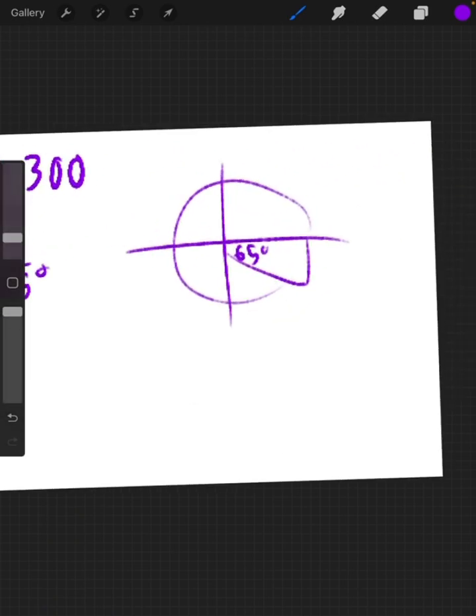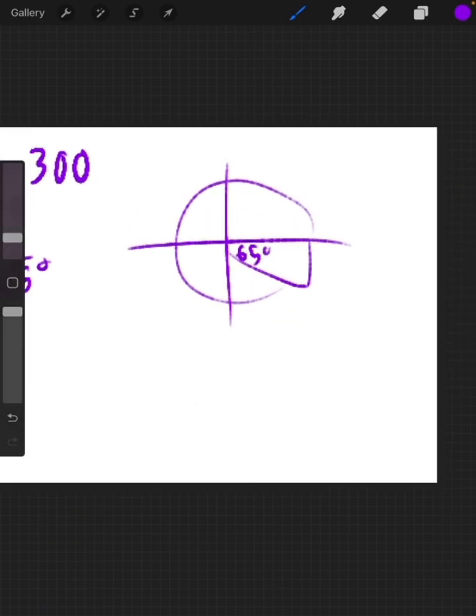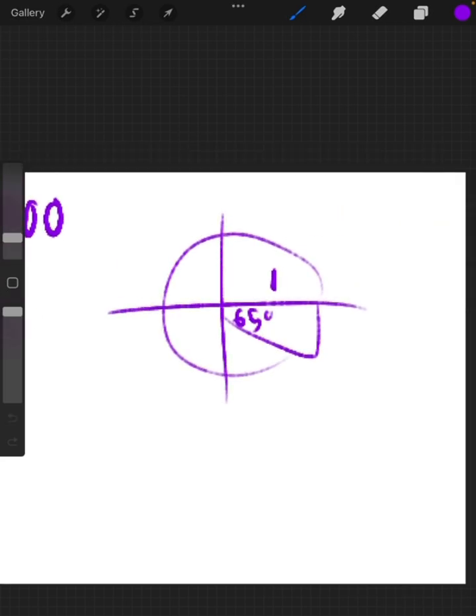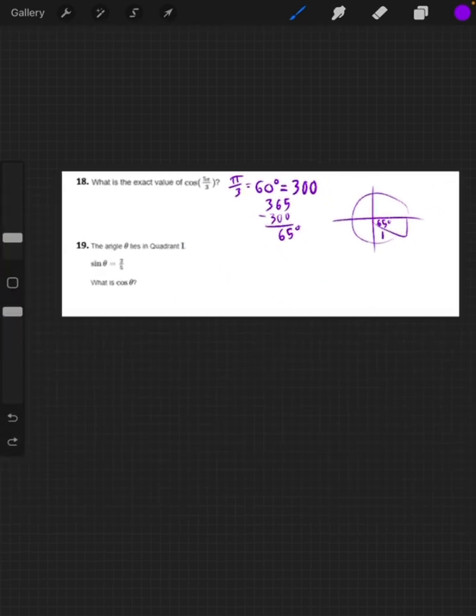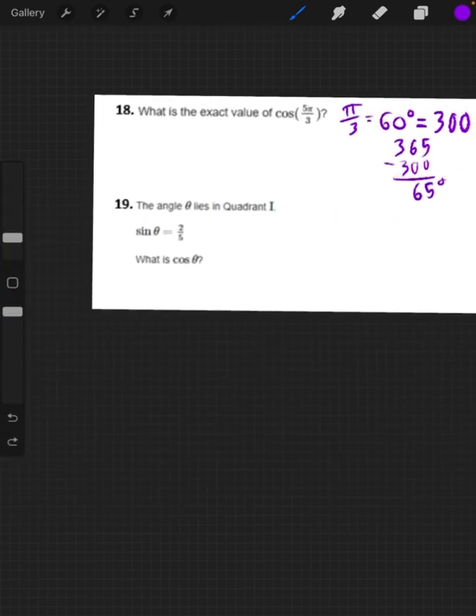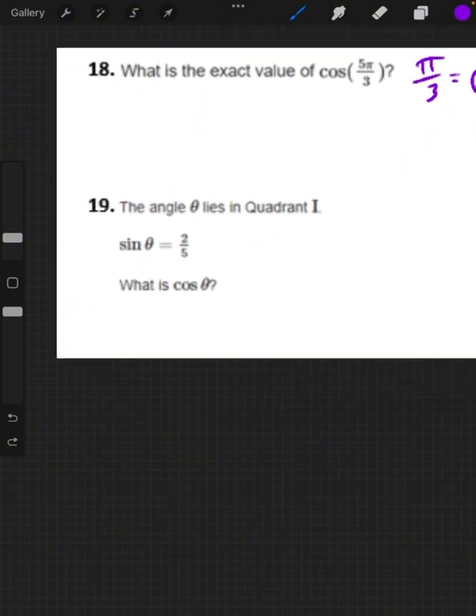If this is a unit circle, then that side would be 1, but no, not that side. This side would be 1. Man, I don't... So we're gonna skip over that.